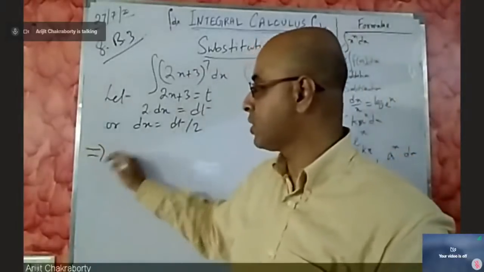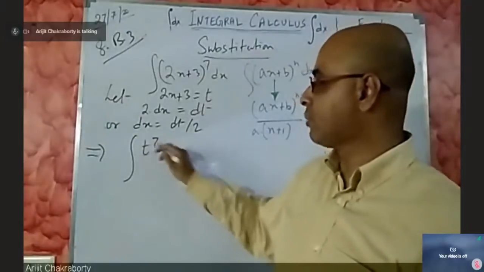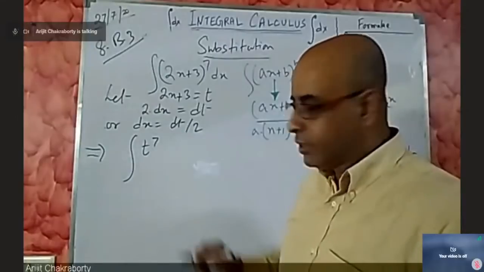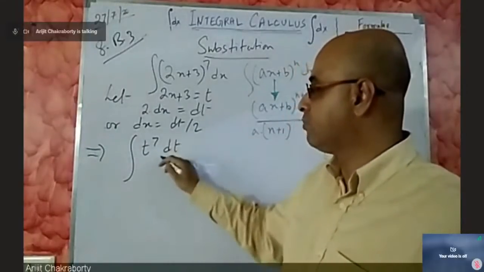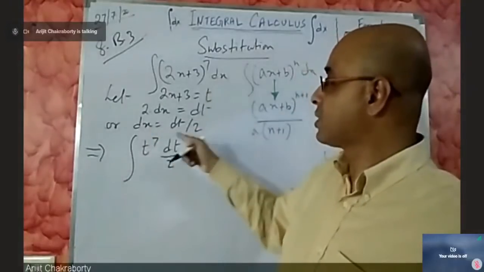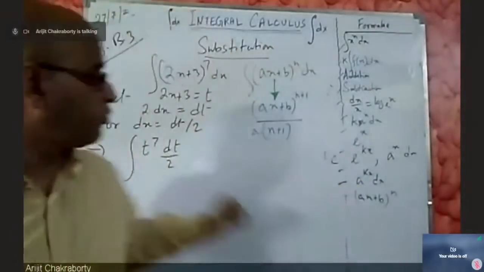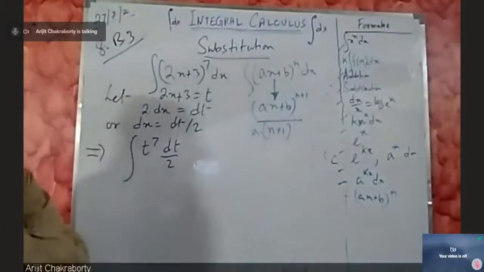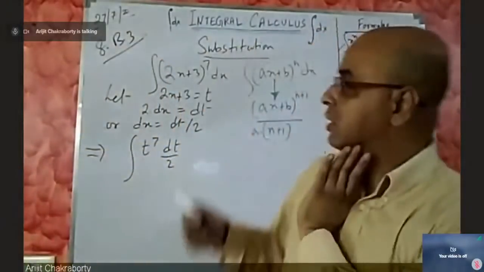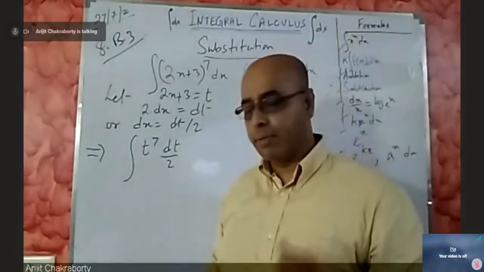So the given expression now becomes t to the power 7 dt by 2, because this dx is now dt by 2. I hope you are following. So we are using substitution, and we have taken t equal to 2x plus 3. So this becomes t to the power 7 dt by 2.